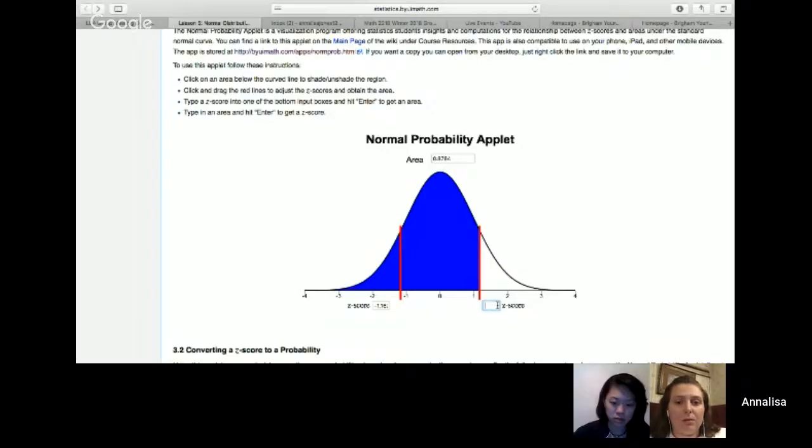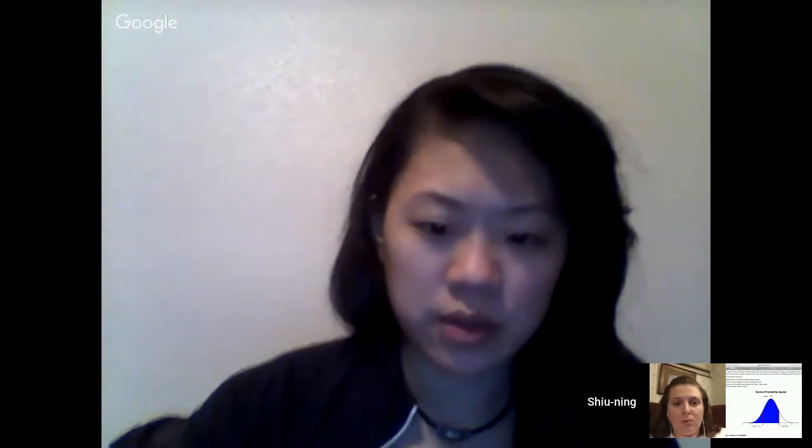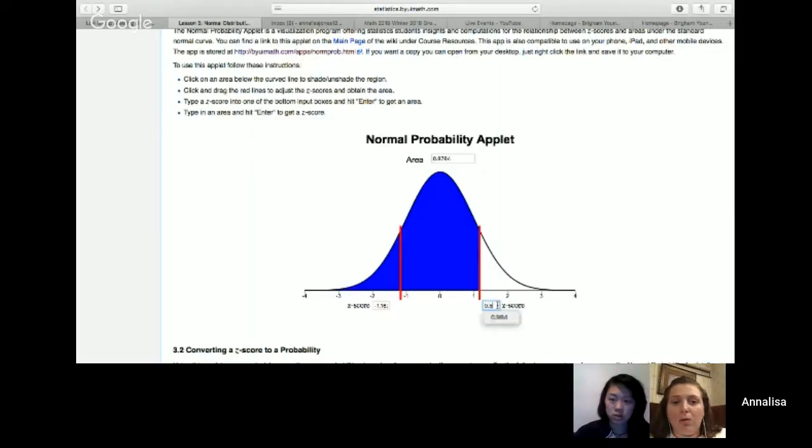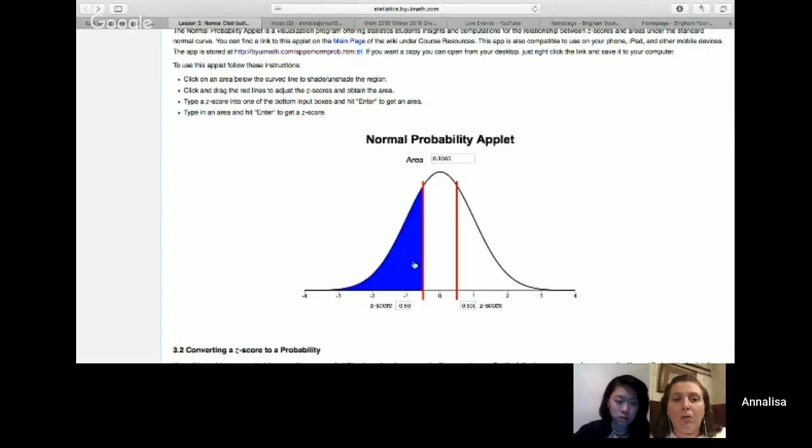And then what was the z-score you got for the second one? 0.5. So then do the same thing with that, but only highlight this one. And then you should get 0.3085. Wait, how did you get the z-score for, what was it, letter C?